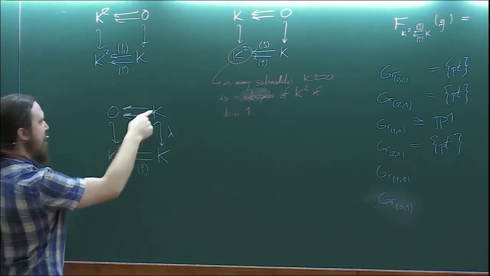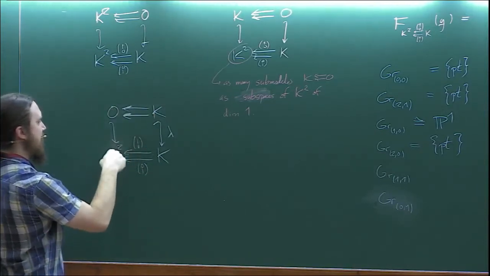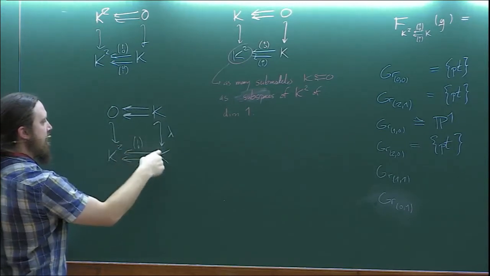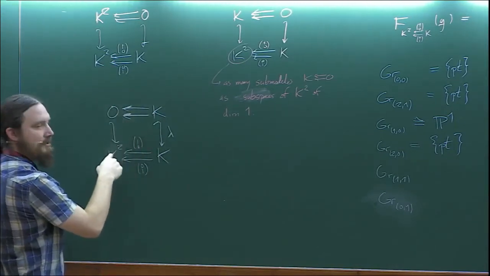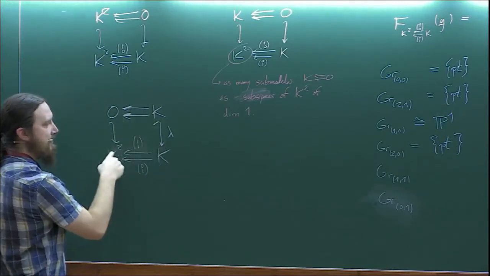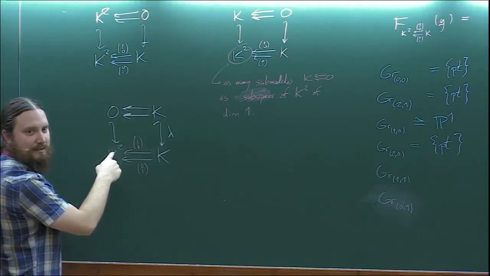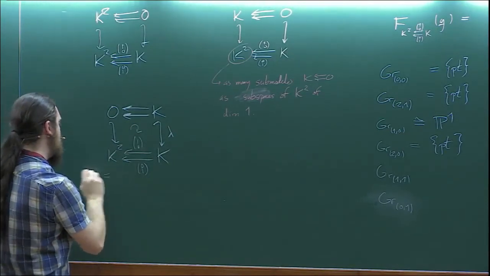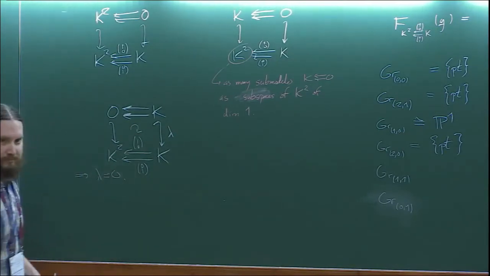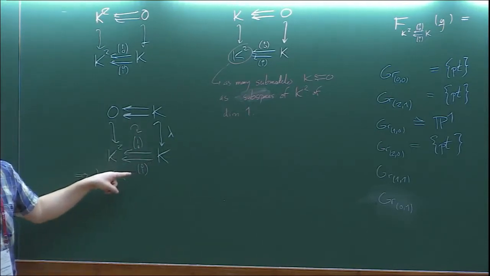Well, you see that since this is 0, then this composition has to be 0. So lambda has to be 0. So that's not an embedding.